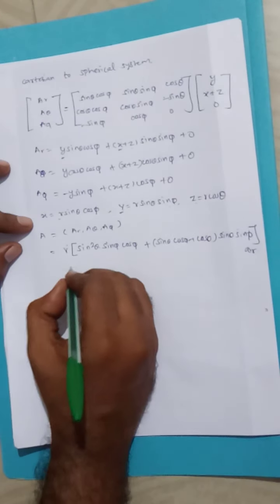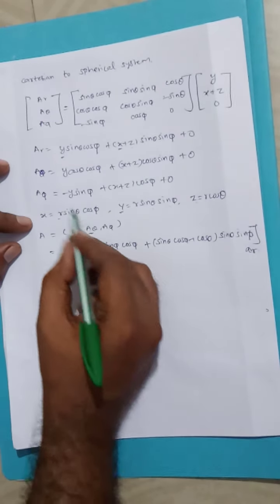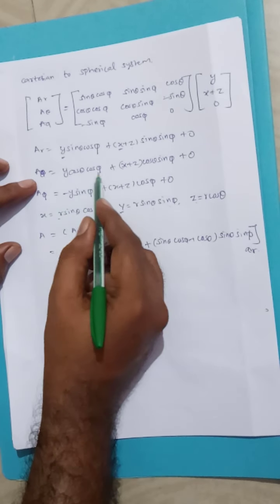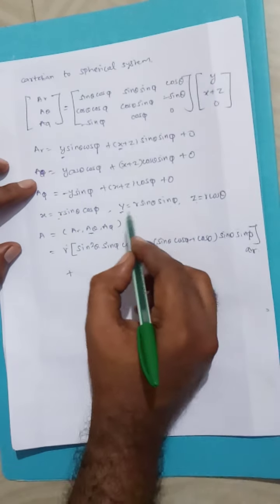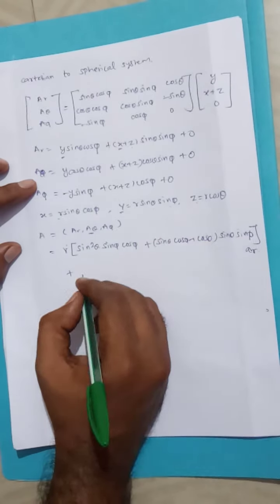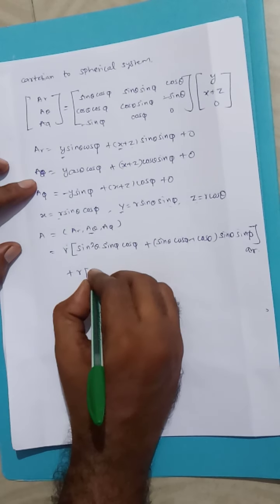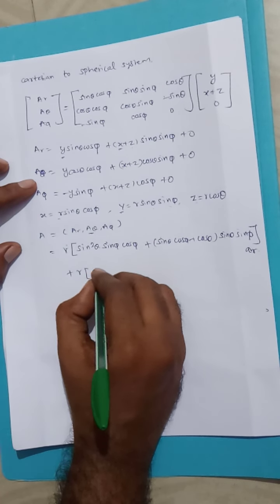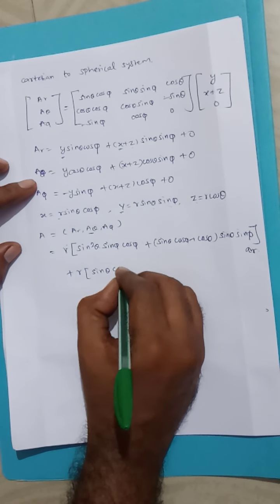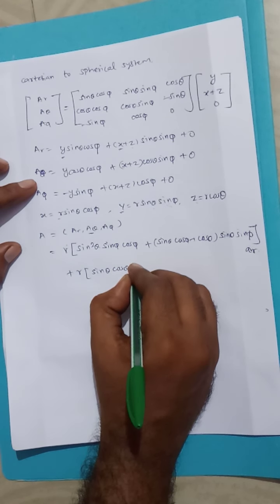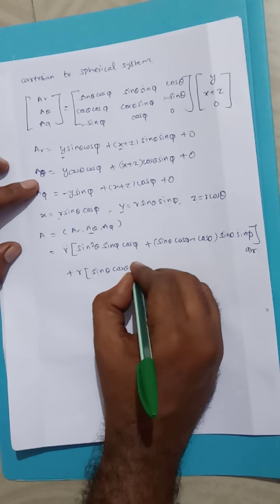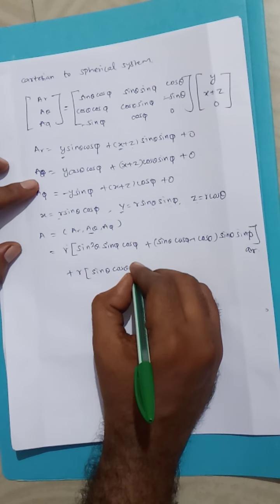Next you need to add the theta value. So a theta is again y cos theta cos phi. The y value you know is r sin theta sin phi, so let me take r outside here also. So I will be getting sin theta cos theta cos phi sin phi cos phi.